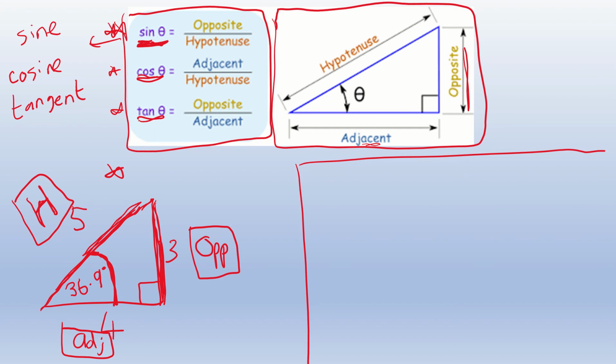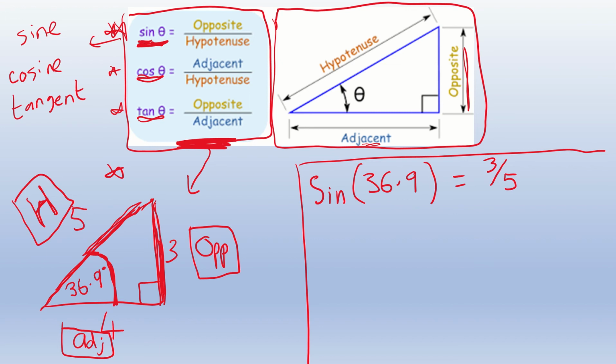Okay, if I apply my rules from here to the question that I've just done down the bottom right hand corner, I find that the sine of my angle, and my angle is 36.9, is going to be my opposite over my hypotenuse. In my question here, my opposite is 3 and my hypotenuse is 5.